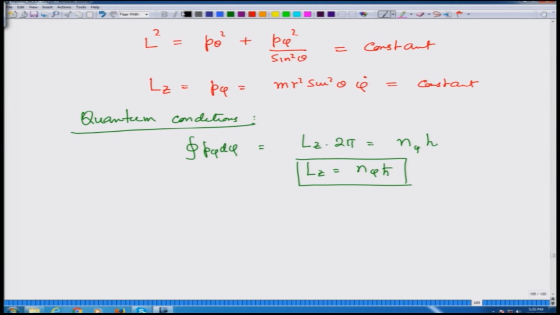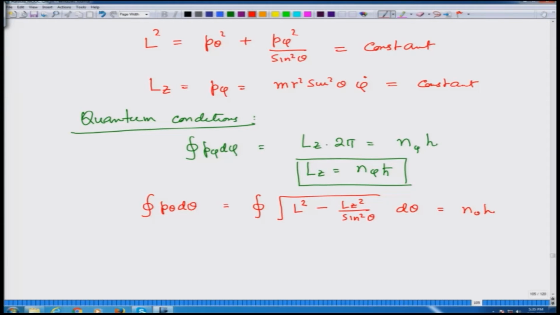Quantum condition for p theta is going to be integral p theta d theta, and we will see what the limits of this are going to be, which is equal to integral square root of L squared minus Lz squared over sin squared theta d theta over this period is going to be equal to n theta h.